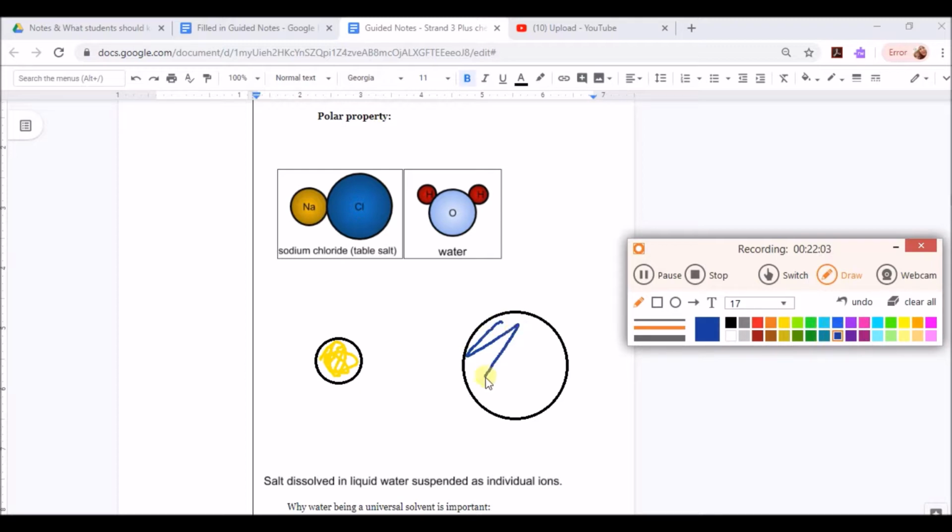Now I'm going to label this yellow one my sodium ion. I'll know it's sodium because I'm going to use the chemical formula for sodium, which is Na, and I'm going to use that plus symbol.